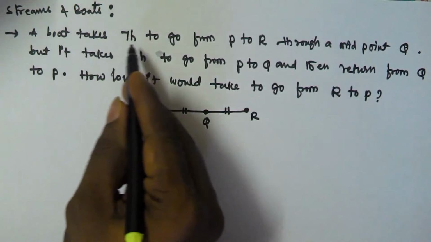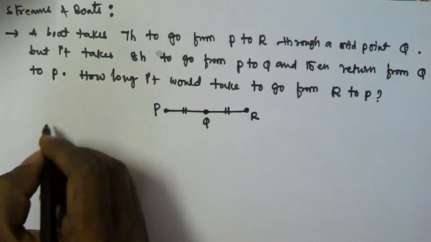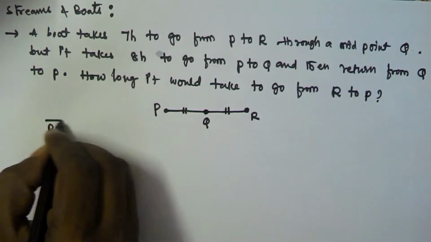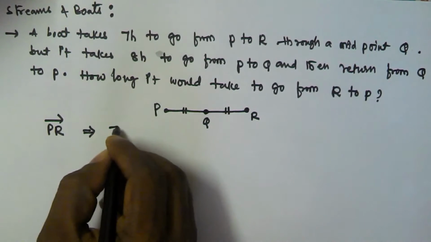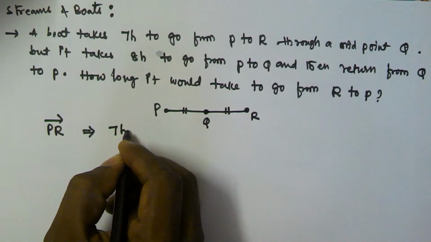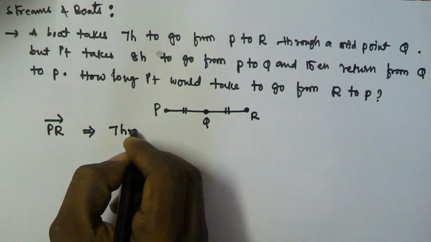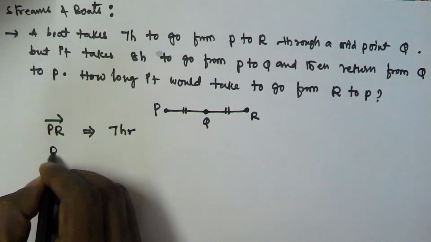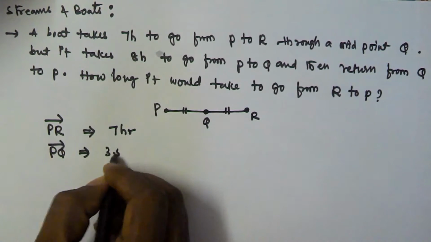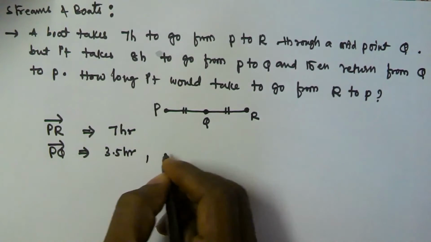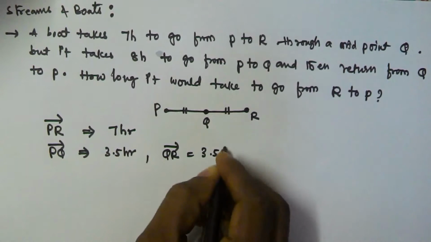To move from P to R it is taking 7 hours. So that means P to Q will take 3.5 hours, as well as Q to R will also take 3.5 hours.